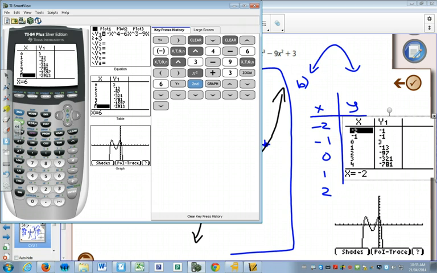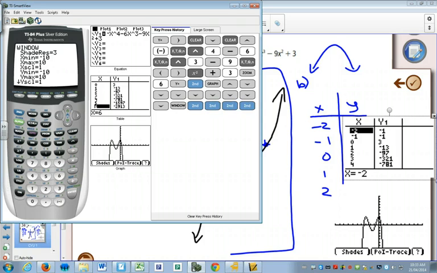You can set your table right above window, right? You can, second window, second button. Trying that again. Let's try, there we go. Second window, there it is. Table start, it lets you pick where you want to start your table from.